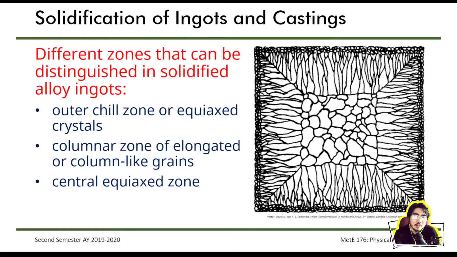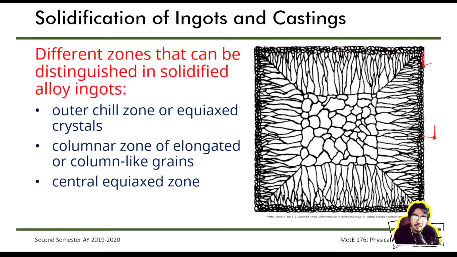The first outer layer is the layer in contact with the mold walls, and therefore it has the highest thermal gradient, or the highest absorption of heat. The extraction of heat from the liquid to the mold walls is very fast, or very high, in this particular region, and therefore you produce a great many nucleation sites.